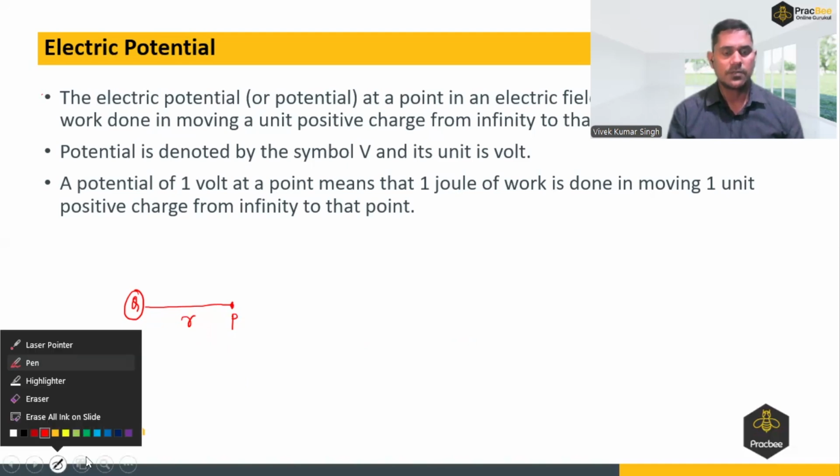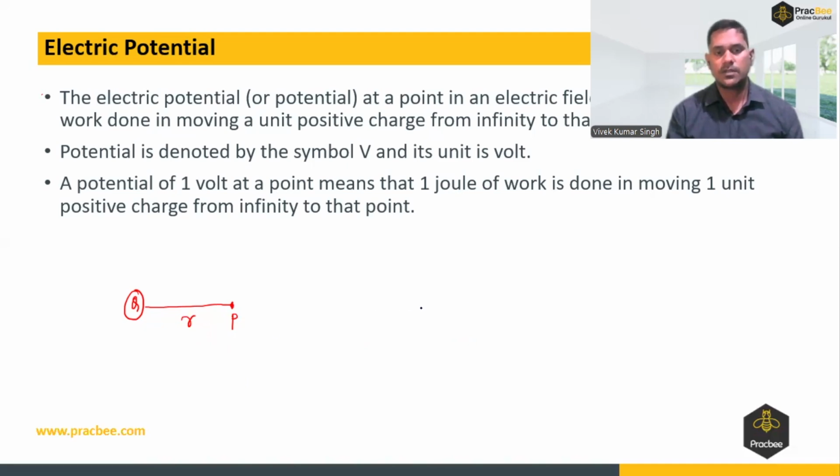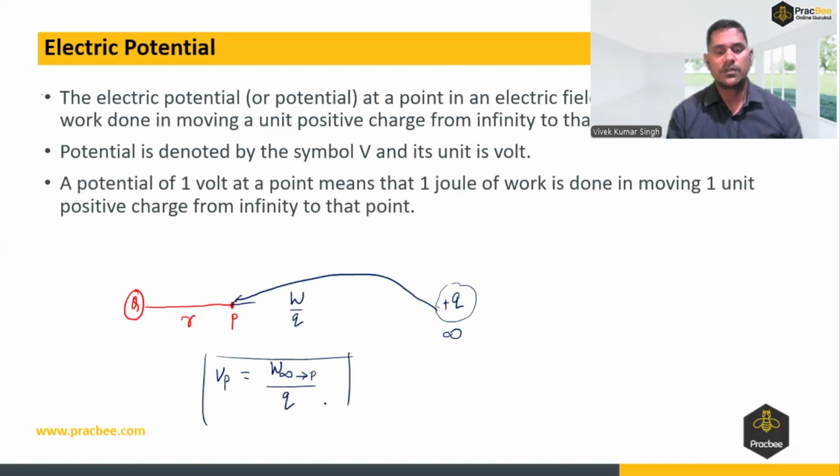To get the electric potential due to this charge, we have to take a positive unit charge at infinity, and bring this charge from infinity to this point P. The amount of work done per unit charge in bringing a charge from there to here is given by the potential at this point P. So potential at P is given by the work done while bringing a charge from infinity to point P per unit charge. This is how the electric potential is defined.